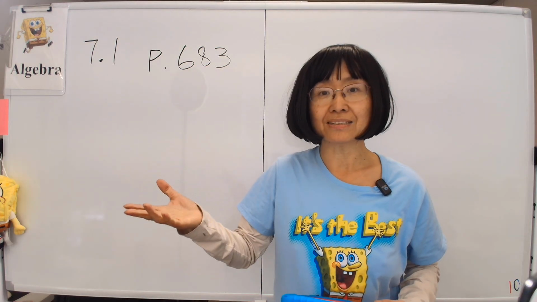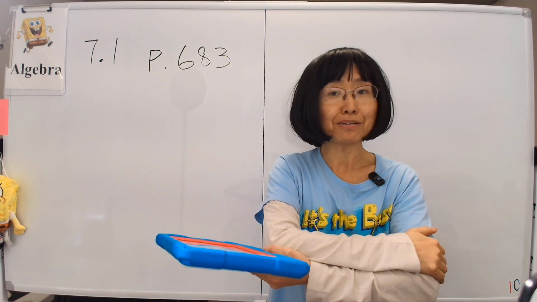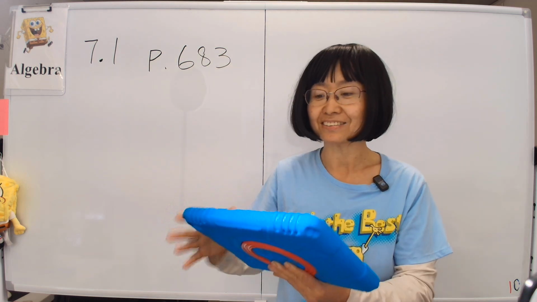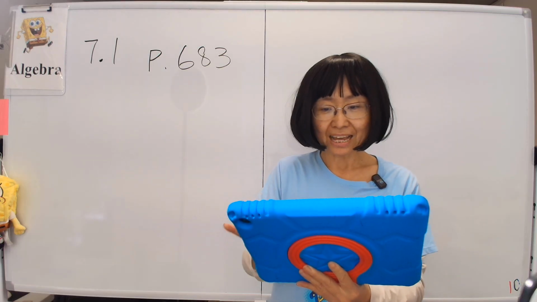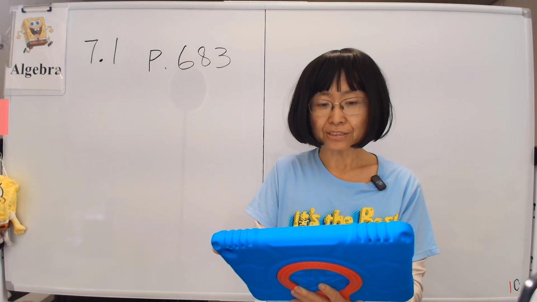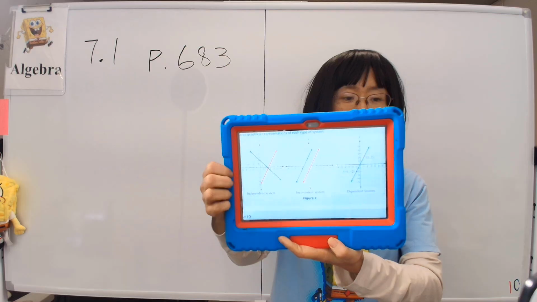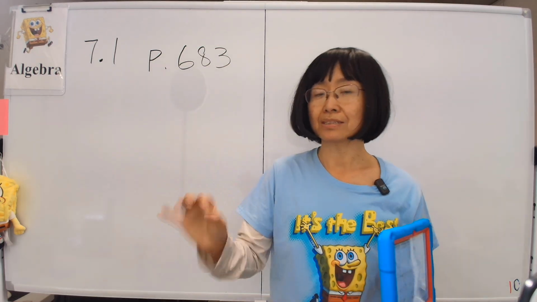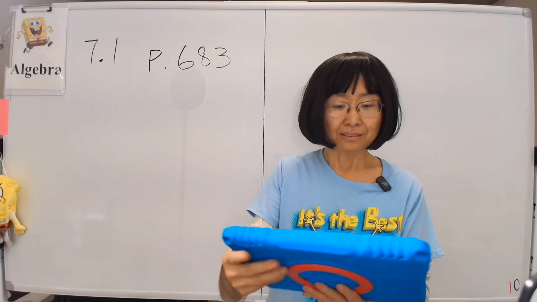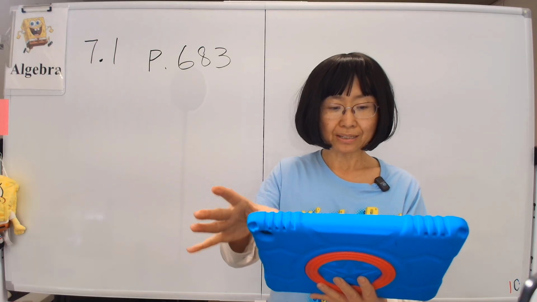Both lines are on top of each other, so every point is on both lines. So the solution is everything, which tells you nothing. Mostly we're interested in the first situation, where you have two lines intersecting, and we want to know the point that's on both lines. That is what we're going to be doing in this section.